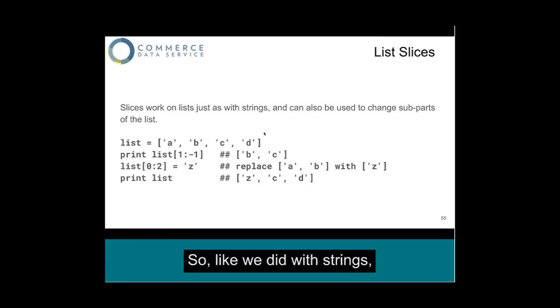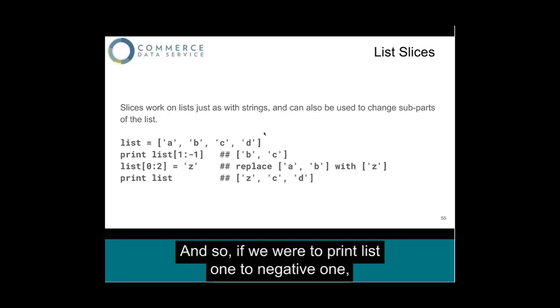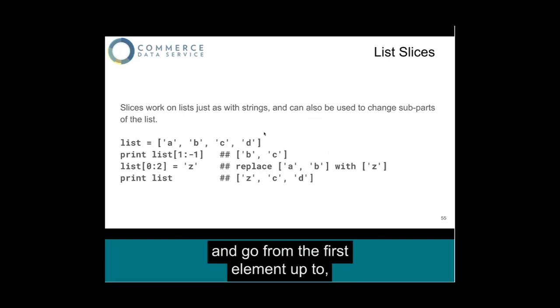So like we did with strings, we can slice this list. If we were to print list 1 to -1, it'll go from the first element up to, but not including, the last element.